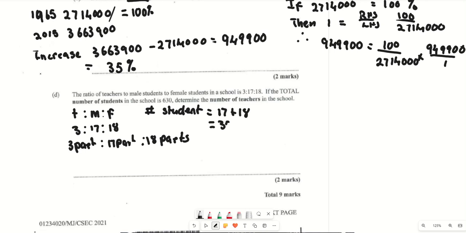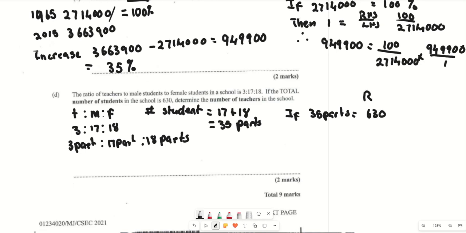So they are basically telling you that 35 parts is equal to 630, and then you have to find for 3 parts. Again, if, then, therefore: if 35 parts is equal to 630.